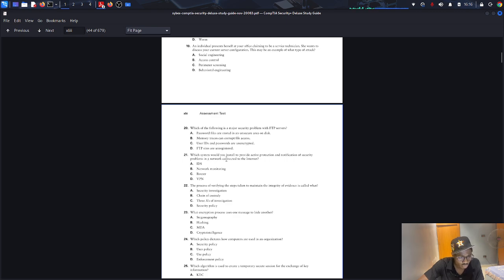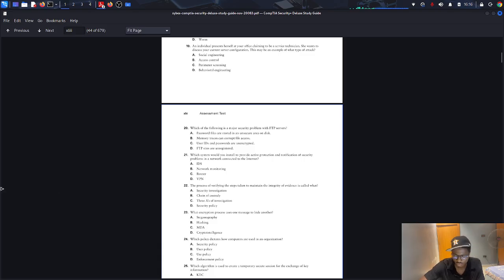Which system would you install to provide active protection and notification of security problems in a network connected to the internet? Intrusion detection system, network monitoring, router, VPN.